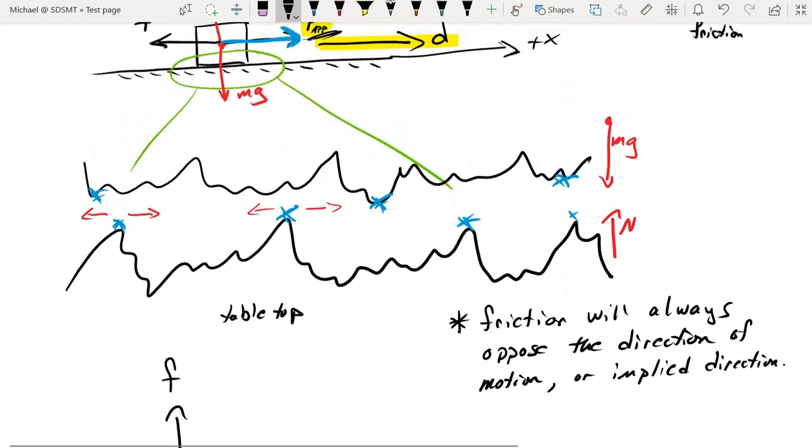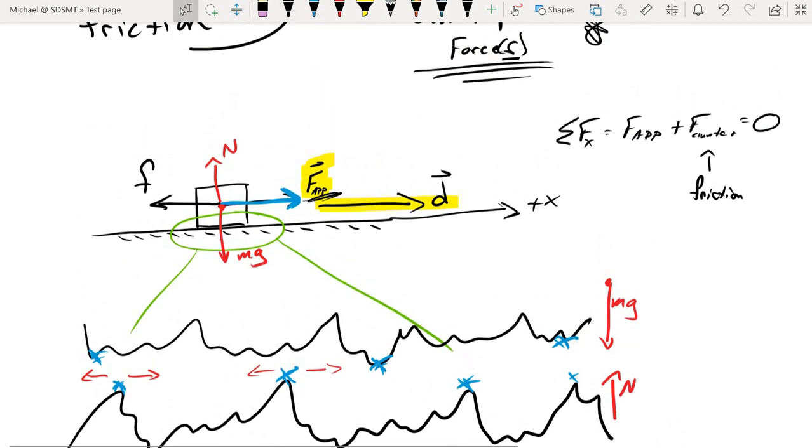So what do I mean by implied direction? Well, right here, the implication is that as I apply a force to the right, the block should start moving to the right. But friction is going to oppose that motion by pointing to the left.